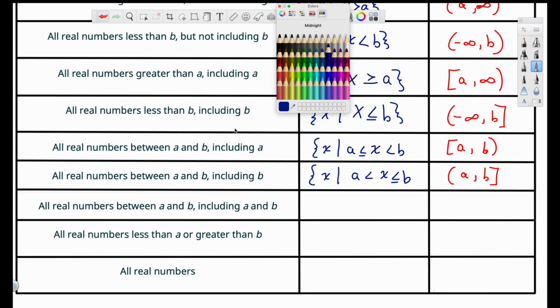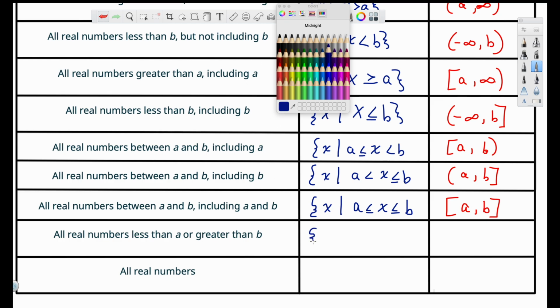All real numbers between a and b, including a and b. Okay, so there's set builder and our interval notation. All real numbers less than a or greater than b.